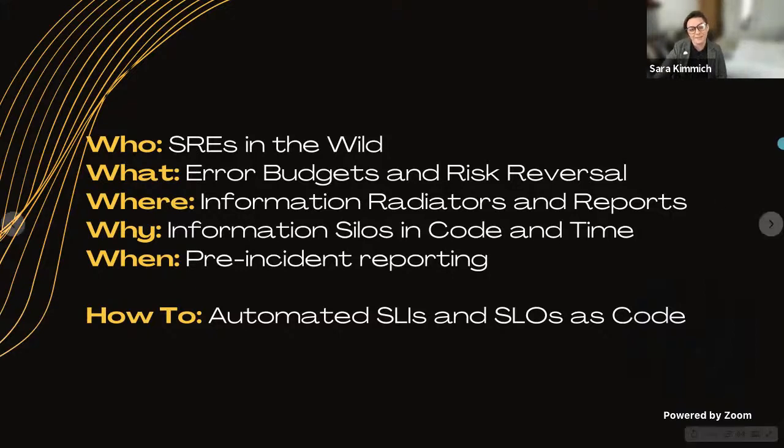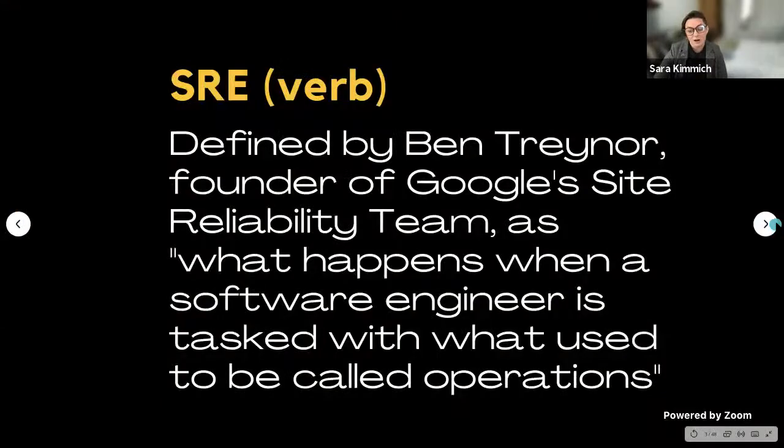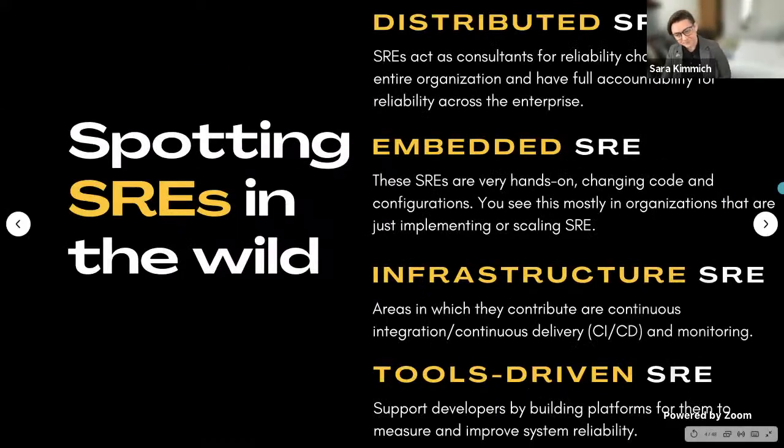So let's start with what SREs really are. I love the definition from Google, really the ones that pioneered SRE. I love Ben Treynor's definition of it being what happens when a software engineer is tasked with what used to be operations. But I think it's a little bit more nuanced and complex than that, especially as the systems that we're trying to do reliability engineering on become more complex.